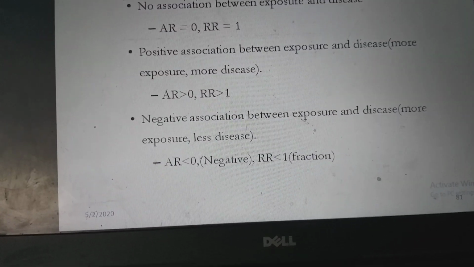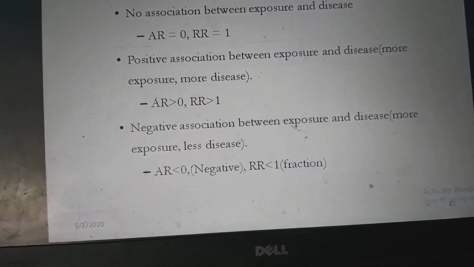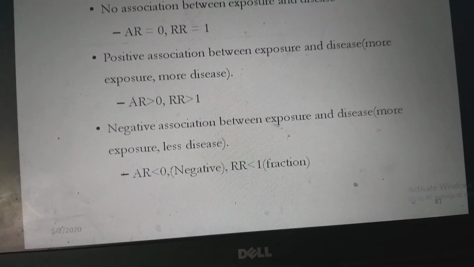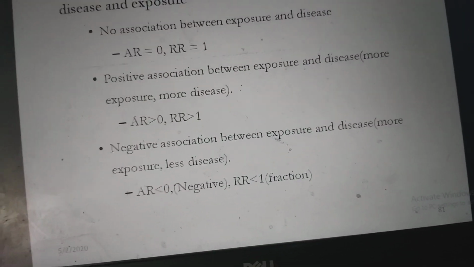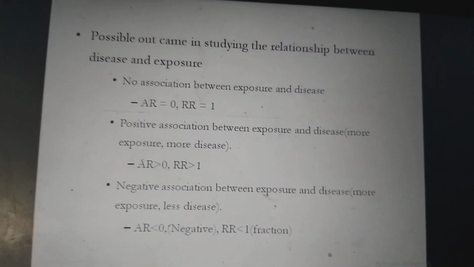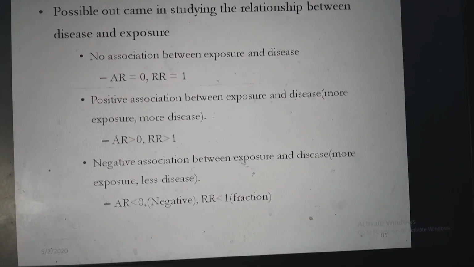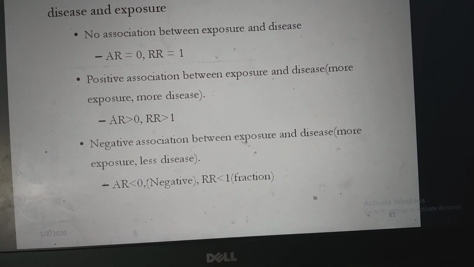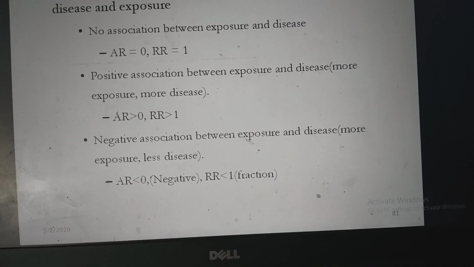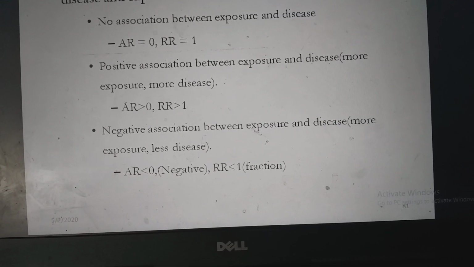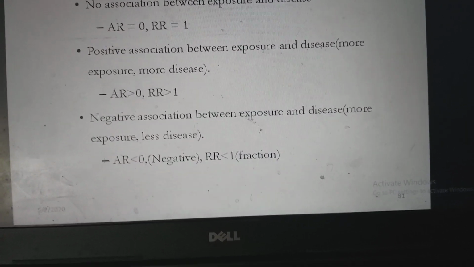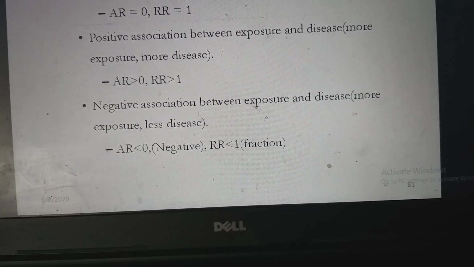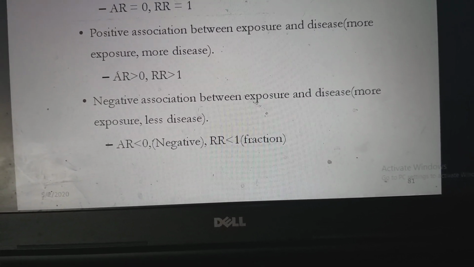Possible outcomes in studying the relationship between disease and exposure are mainly three. The first one, no association between exposure and the disease. Totally, between the outcome and the factor, there is no relationship. That means attributable risk is 0 and the relative risk is 1. The other, positive association between exposure and the disease: attributable risk is greater than 0, positive, and the relative risk is greater than 1.